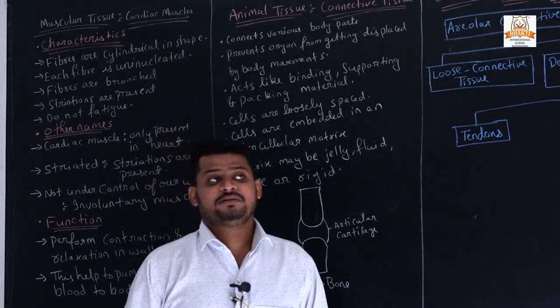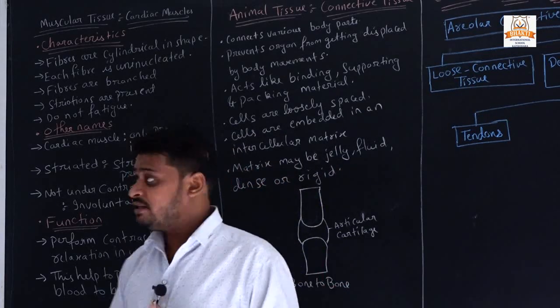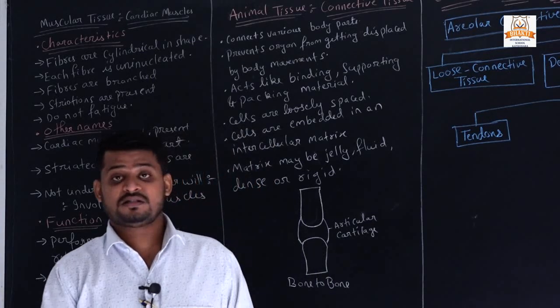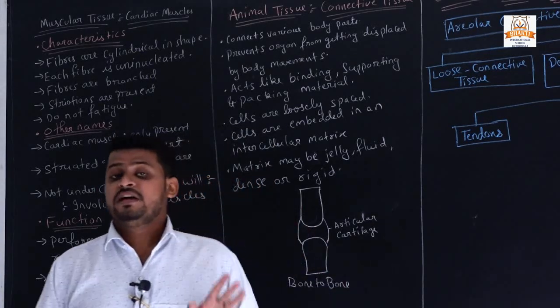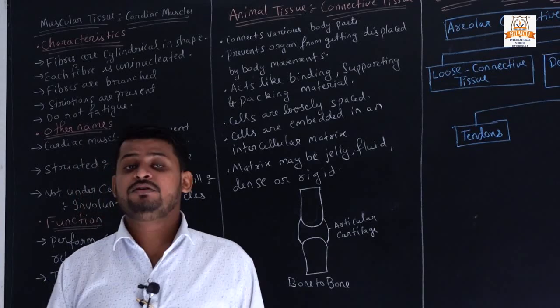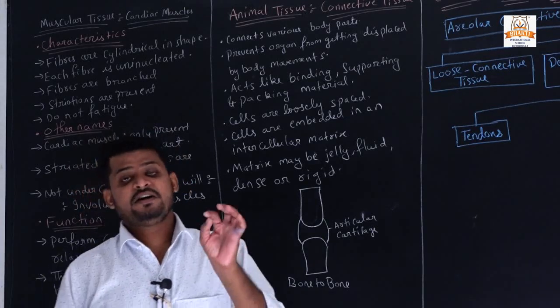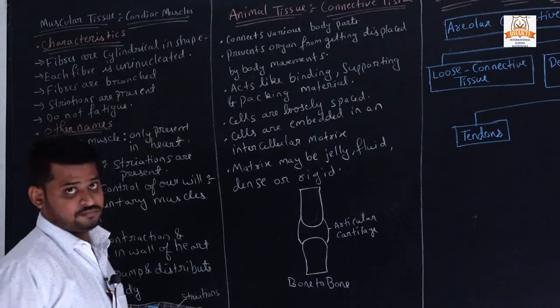What is uninucleated? It means each cardiac muscle fiber has only one nucleus present. That's why it is called uninucleated.